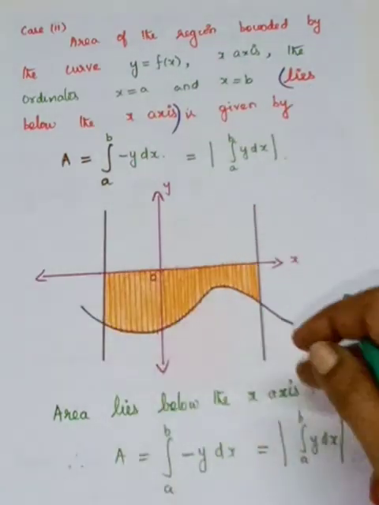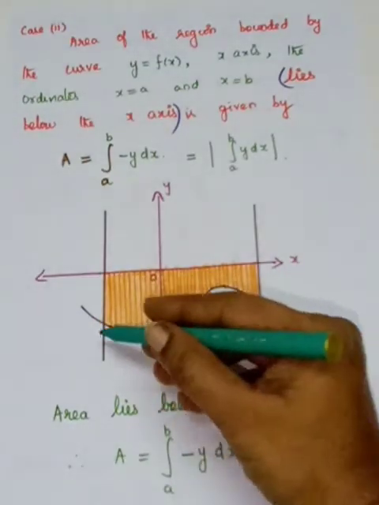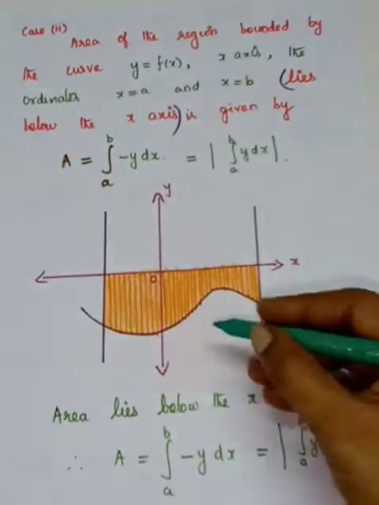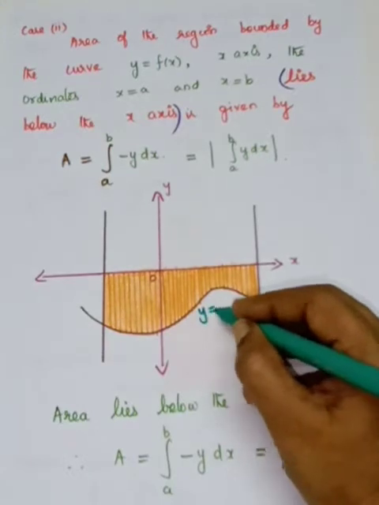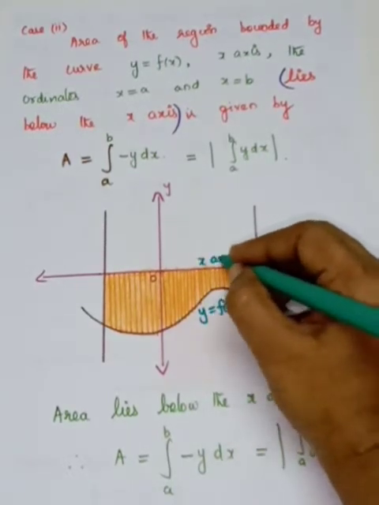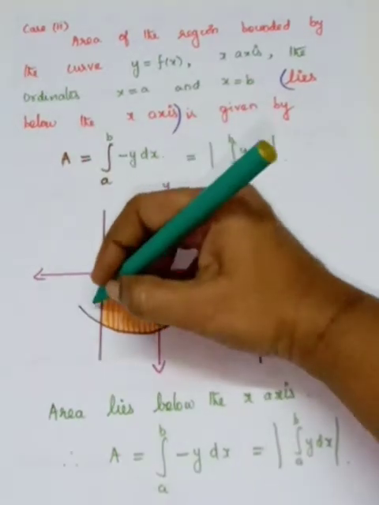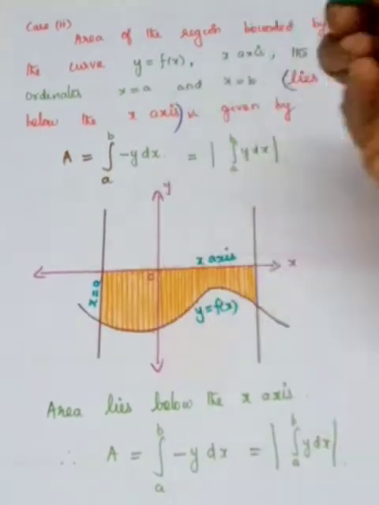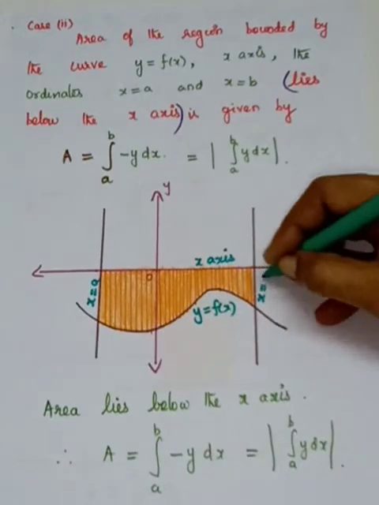You see this diagram, this shaded part is bounded by the curve y is equal to f of x. And one side it is the x-axis. The next lines, you see that this is x is equal to a and this is x is equal to b.